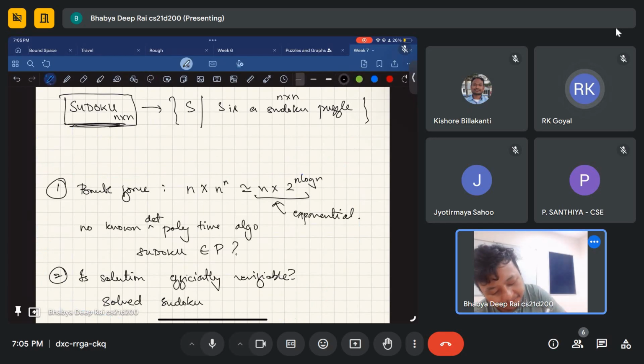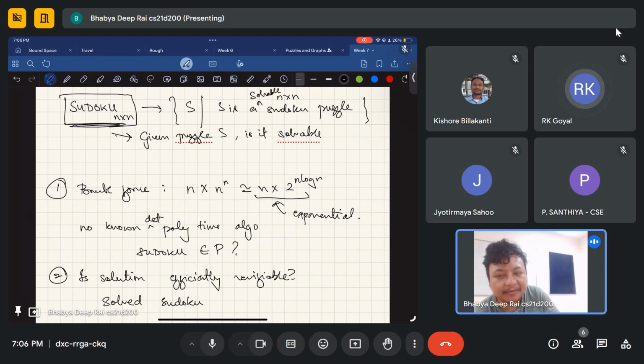So the problem is as follows: given some puzzle S, is it solvable? Because there could be invalid Sudokus, right? So given a puzzle S, is it solvable or not? That is the question.